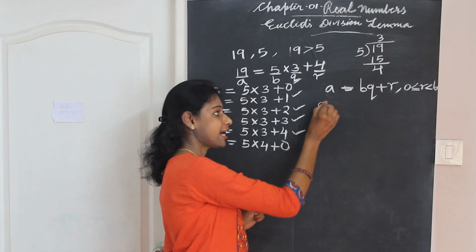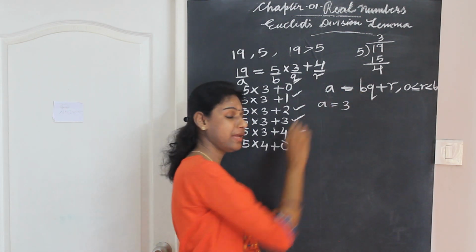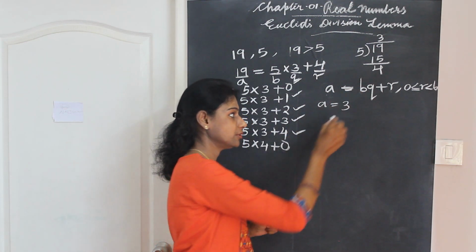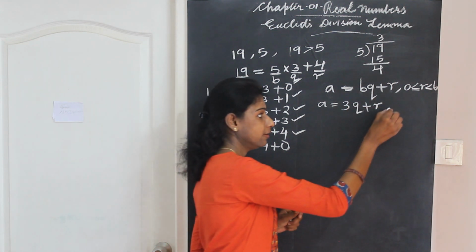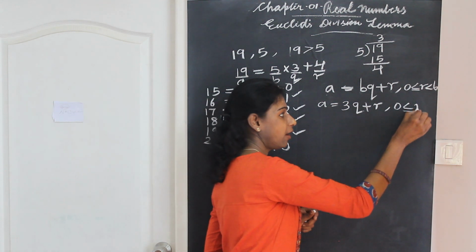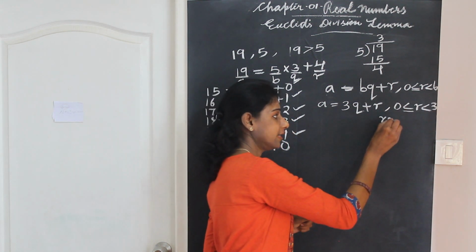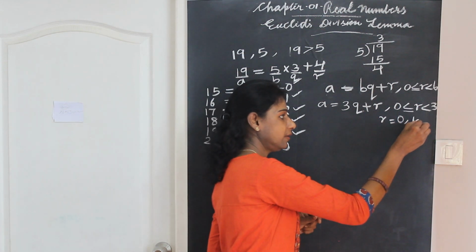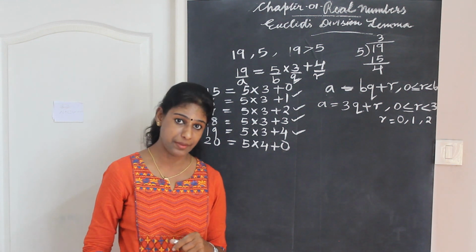So this can be written as a is equal to, now we are taking b as 3 in that particular question, 3q plus r, where 0 is less than or equal to r less than 3. That means r is equal to 0, 1 or 2, these are the possible values of the remainder.